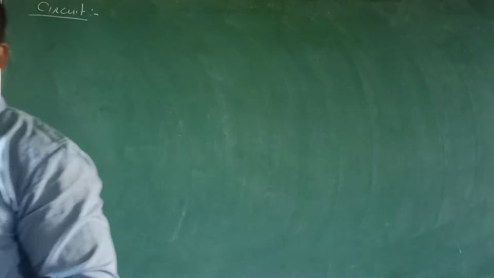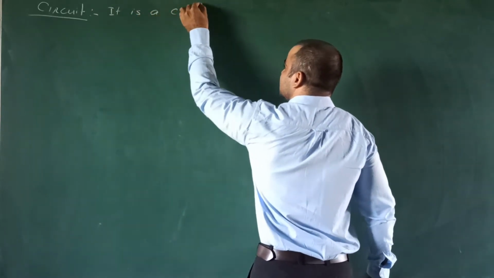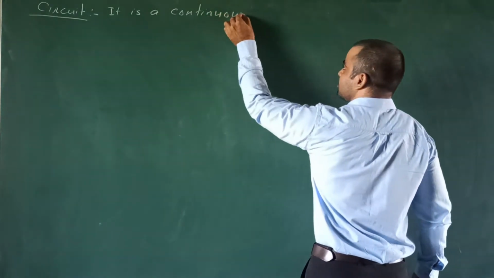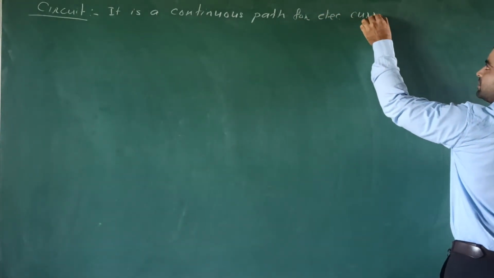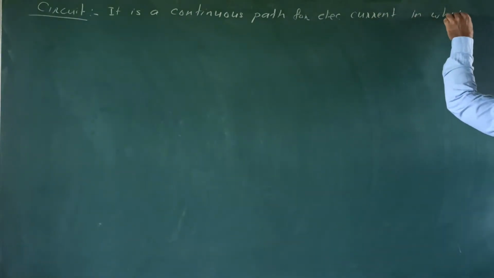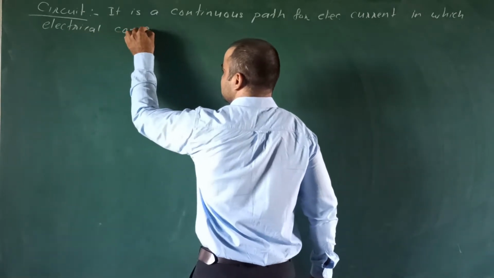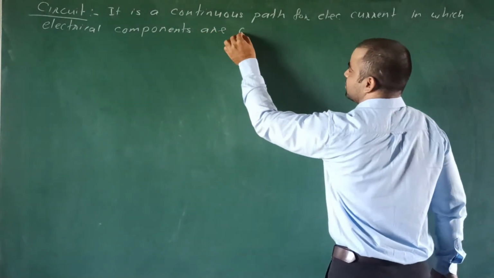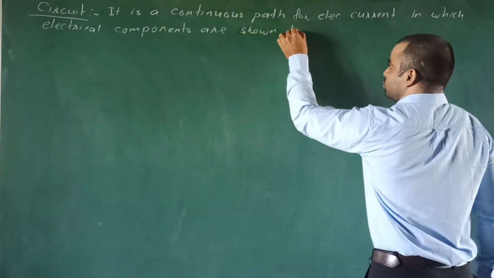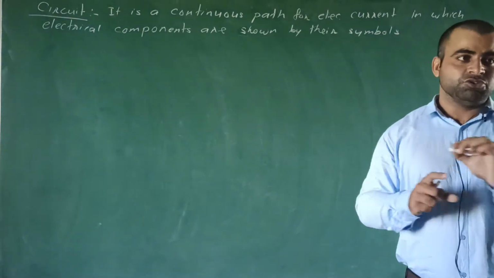In the last lecture we discussed the circuit. What is a circuit? It is the path for current.